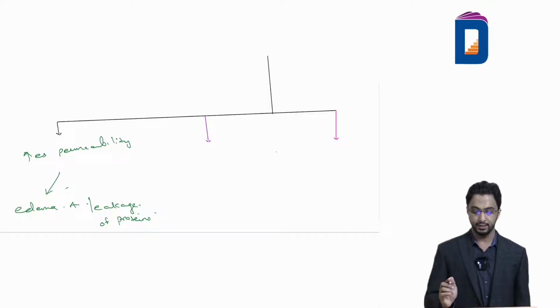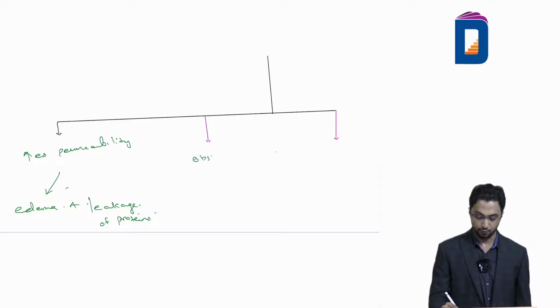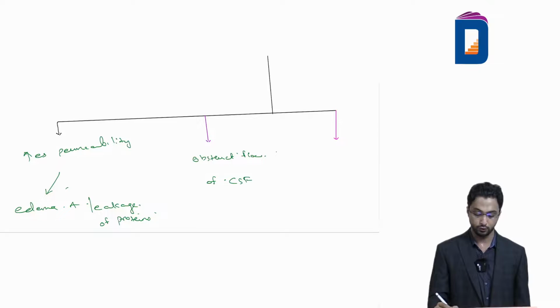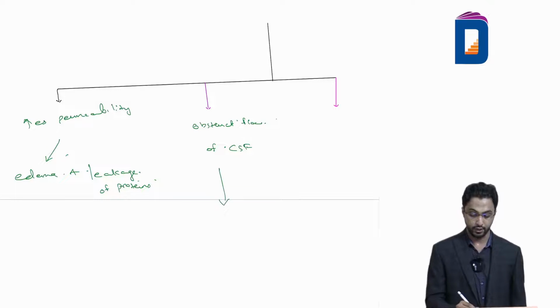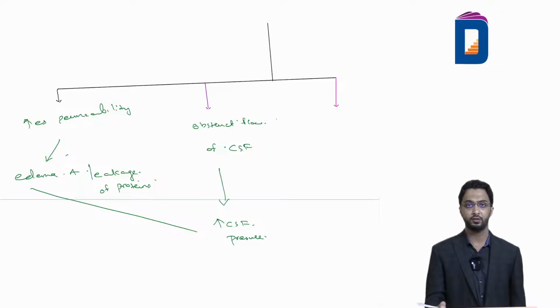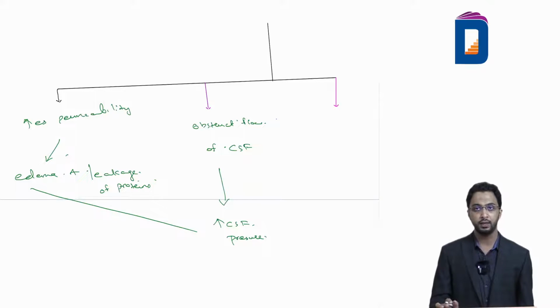Second thing is that inflammation and edema can obstruct the flow of the CSF. Together with edema, this is going to increase CSF pressure. So in all types of meningitis there is going to be an increased CSF pressure.